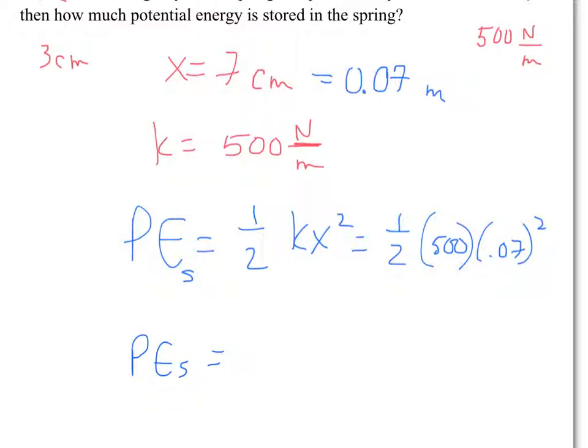So half of 500 is 250, and then take 250 and multiply it by 0.07 squared. This will give us the amount of energy that's stored. Remember, this is a very small spring, so we're not going to get a very large number like we've been getting for joules in the past.